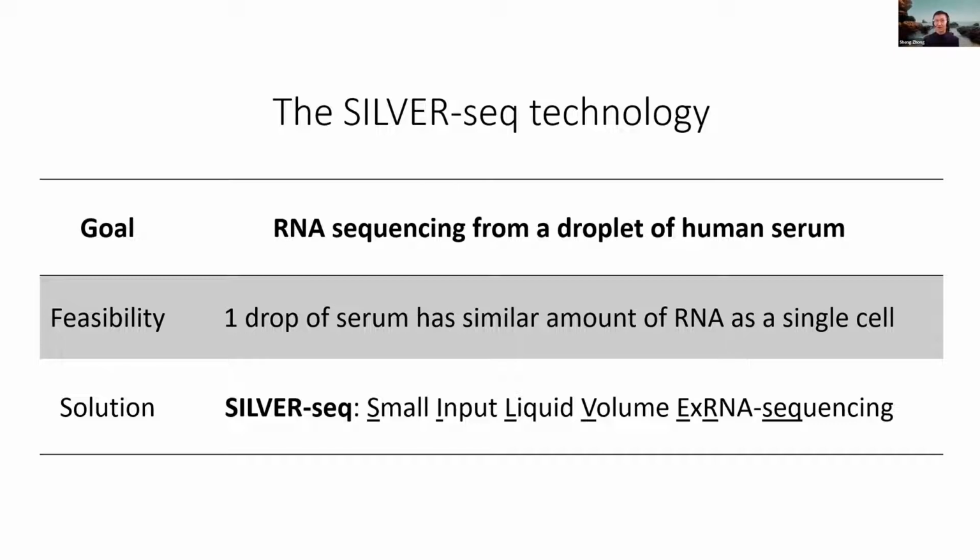The total amount of RNA from a single cell is about the total amount of 1 drop of blood serum. The reason is that the volume of 1 drop of blood serum, say 30 microliters, is about 1,000-fold larger than the volume of a cell. Now, the total amount of RNA in 1 drop of blood, in theory, is comparable in order of magnitude to 1 cell.